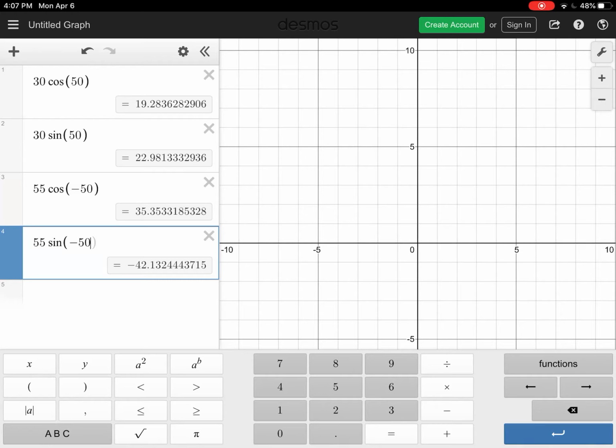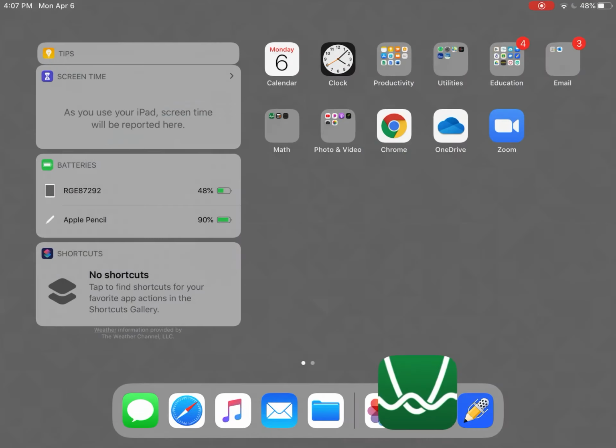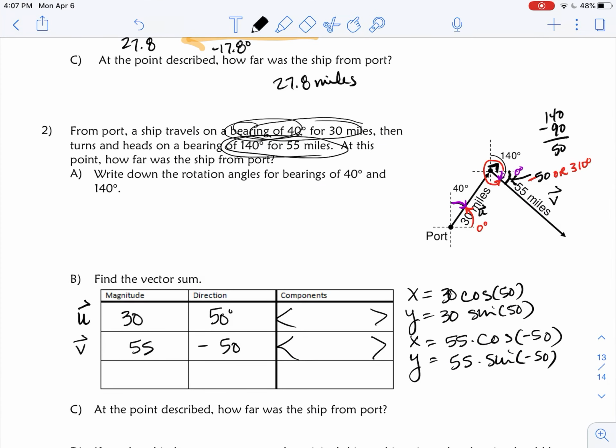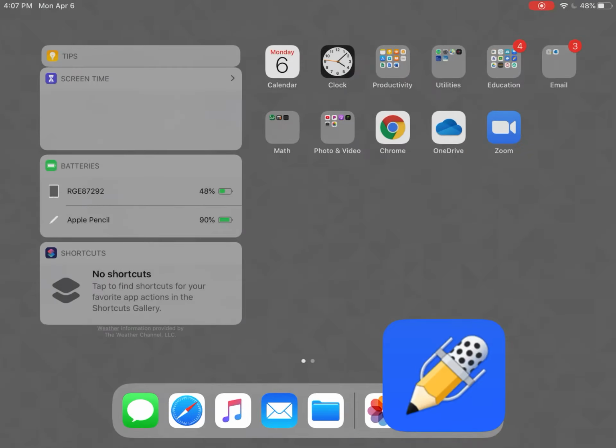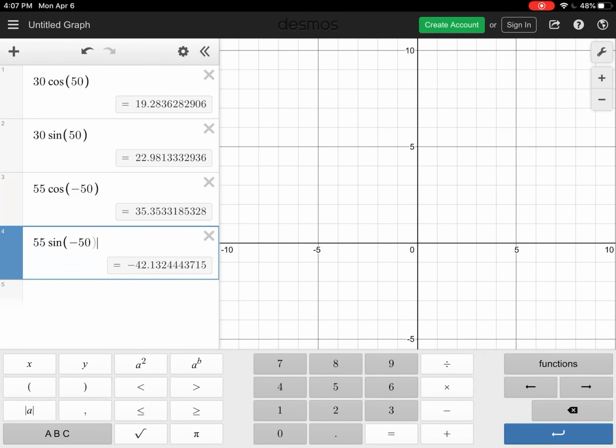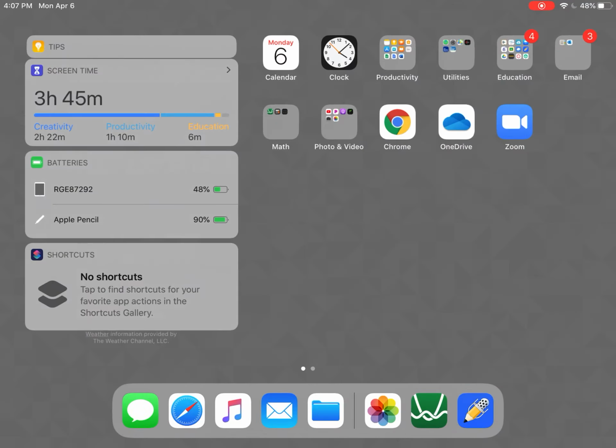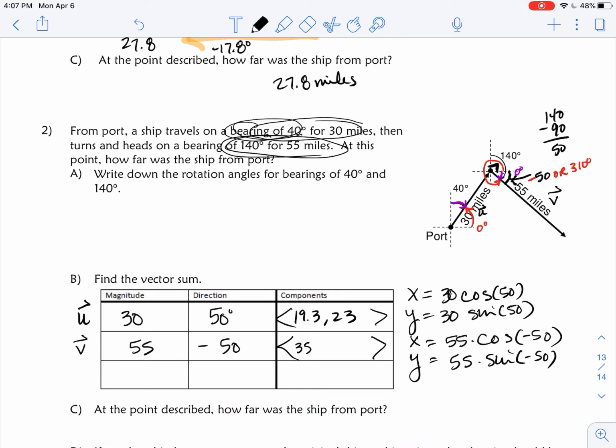And 55 times sine of negative 50. All right, so those are all the components. So my first vector has components of 19.3, 22.9. I guess I could just round to 23. So 19.3 and 23. And my second vector has components of 35.4 and negative 42.1.